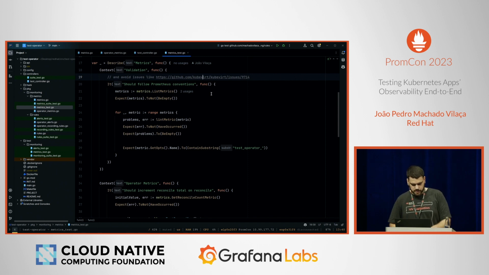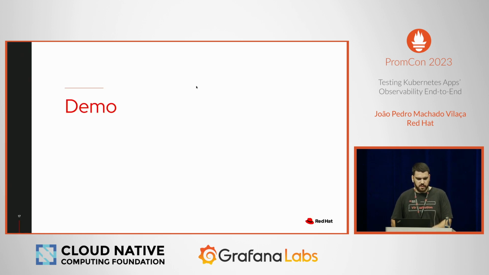And I have this link here because on KubeVirt, what happened is that in the beginning, there was not much of an observability team and not much concern about monitoring. And so developers just added metrics as they went and as they thought were needed.